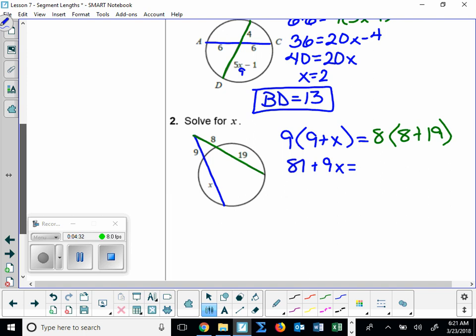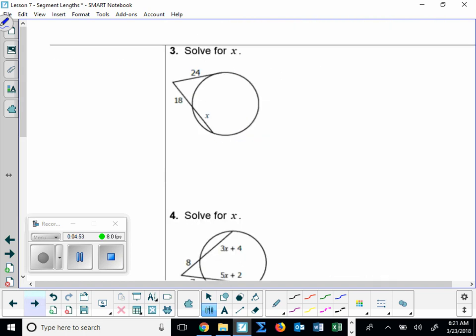And this is 216. We're only asked to solve for x in this problem, so that one's not so bad. All right. The next one is a tangent and a secant. Remember, our rule is tangent squared equals outside times the whole.